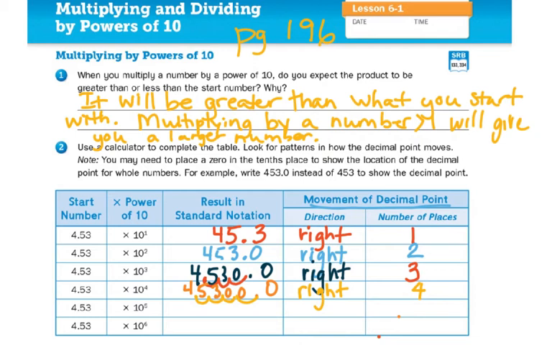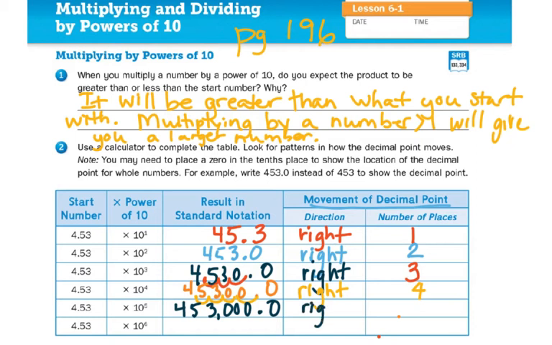What do you think is going to happen when you multiply by 10 to the 5th power? Well, let's try it. Take 4.53, 4 and 53 hundredths, times 10 to the 5th. Count it out loud. Times 10, times 2 10s, times 3 10s, times 4 10s, times 5 10s equals 453,000 and 0 tenths.